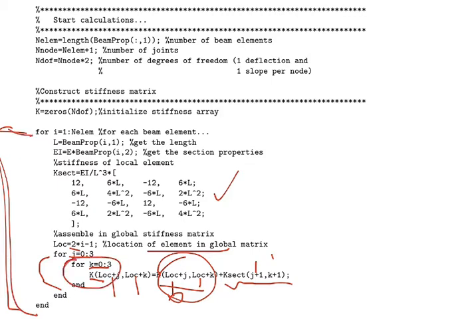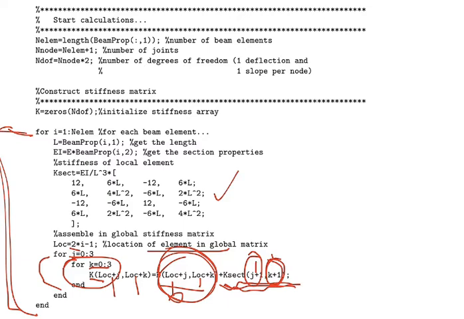First you're going to loop on the K. So as you move on the K, then you're going to populate the elements on the column side, and once you finish the K, then you're going to loop on the J, and that will populate the elements on the row side. So you're grabbing basically the elements from the section stiffness matrix, adding them to the old values, which are zeros, and then populating them on that corner.